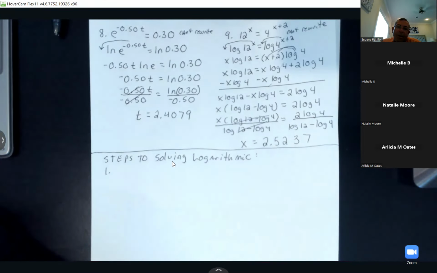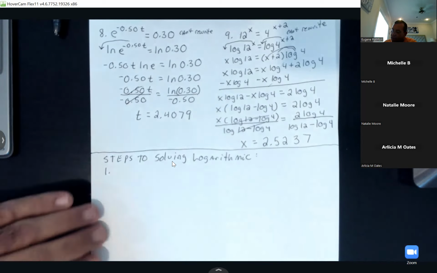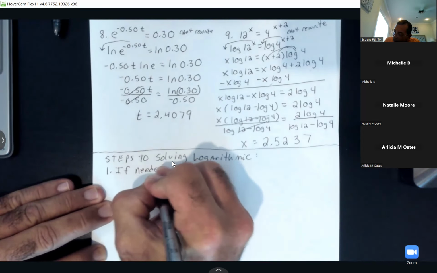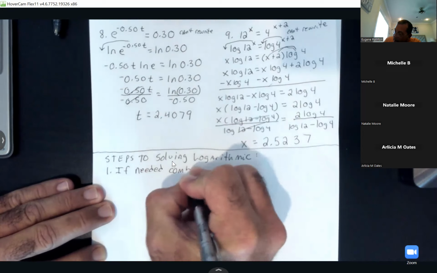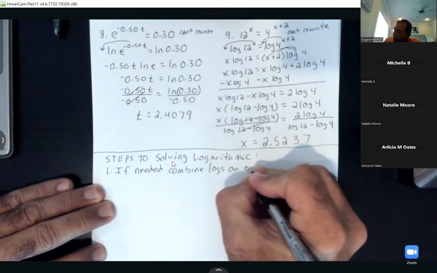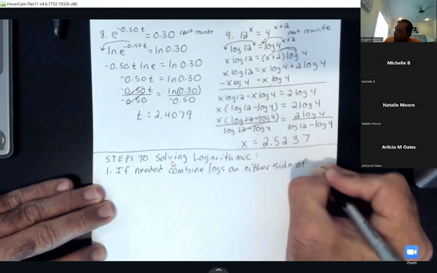So the first thing you have to do, on one side or the other of your equation, if you got more than one log, you got to combine those logs. That's the stuff we did yesterday. So if needed, combine logs on either side of the equation.